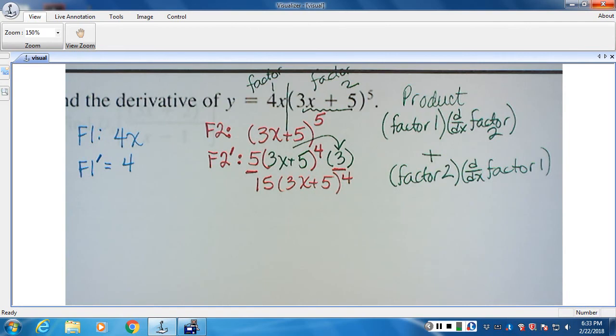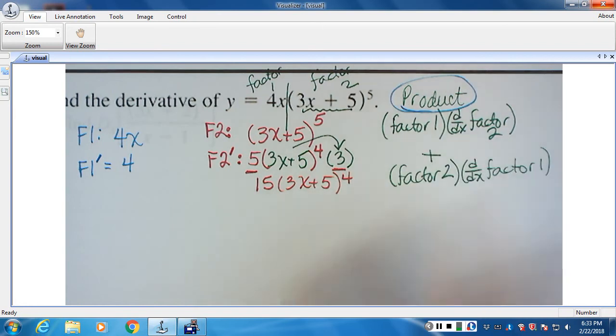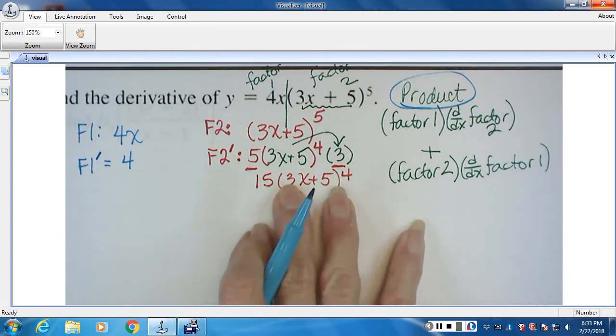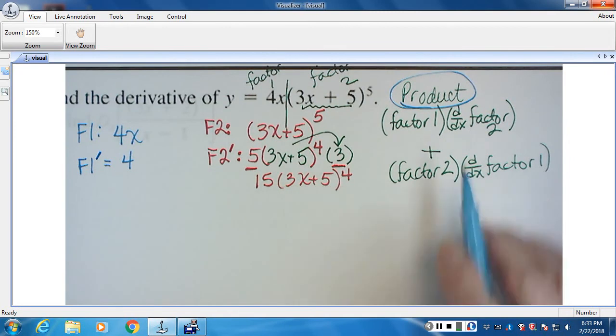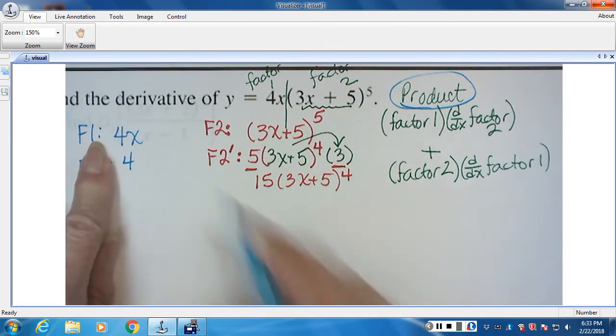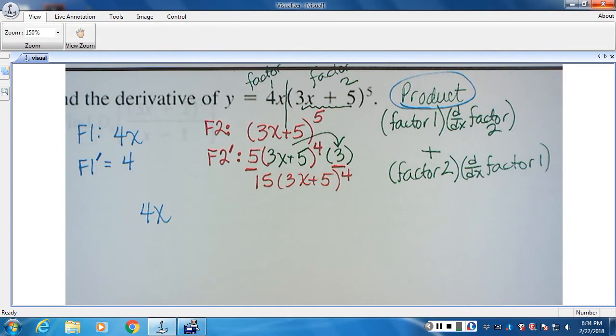Now it's time for them to trade derivatives. So now I'm doing product rule. I'm finished with chain rule. I use chain rule right there. I'm finished with it. Now I'm ready to go to the product rule. Product rule says take factor 1 and multiply factor 1 by the derivative of factor 2.